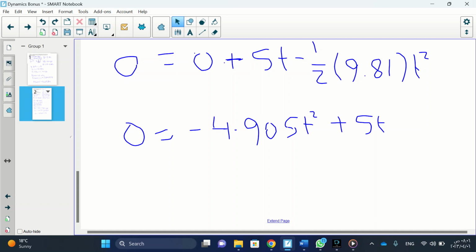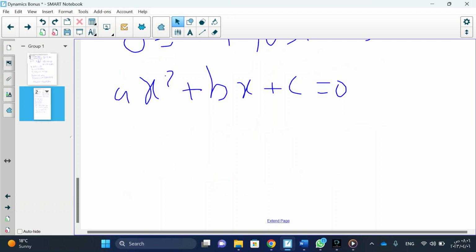What you can do in this case is the best thing to do. We already have an equation which has T square, T and 0. So we can write this one in the calculator using mode 5, 3. It's like ax square plus bx plus constant c equal to 0, right?